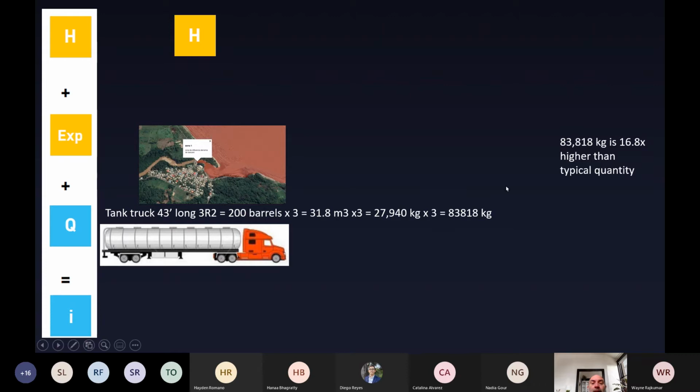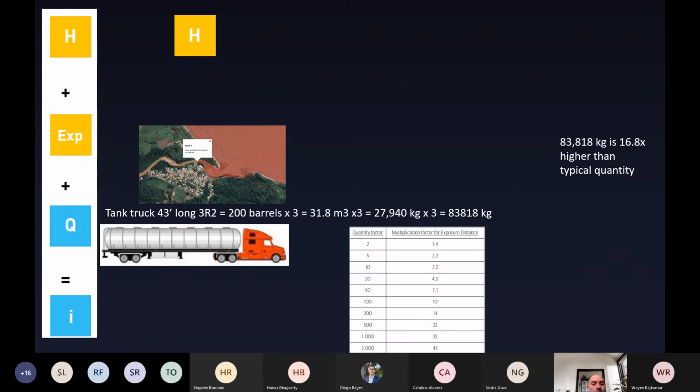I would have to adjust the distance according to these factors that modify the distance.